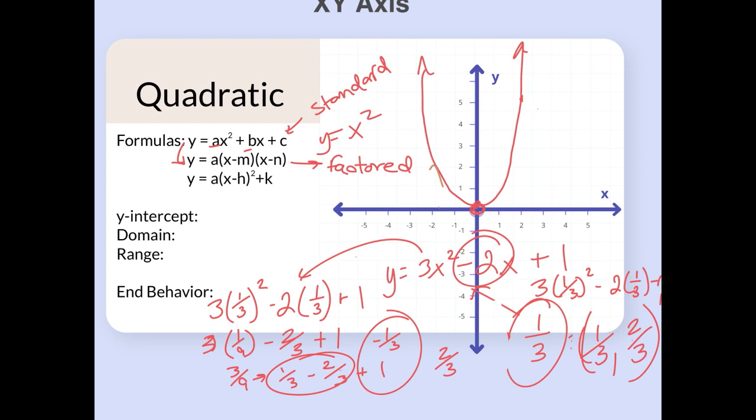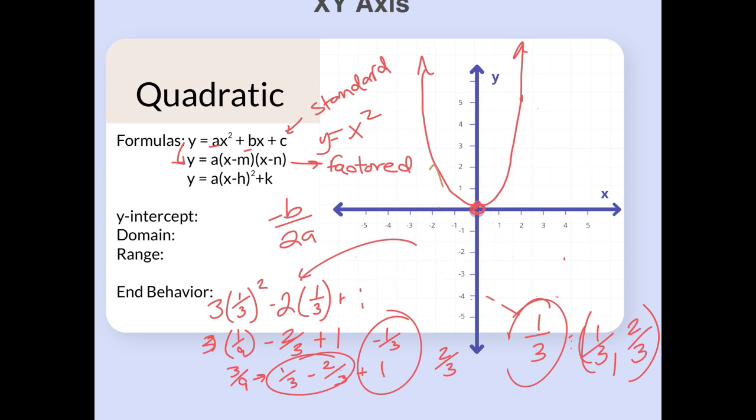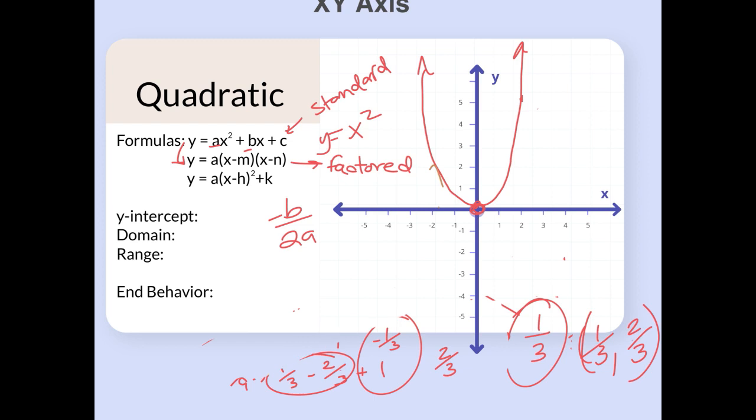So a little bit of math that we have to do, and sorry, I made this probably a little bit messy, but the basics is we would use that formula, negative b over 2a. We plug in the numbers that we have from the standard form, and then that's going to give you the x value for your vertex.